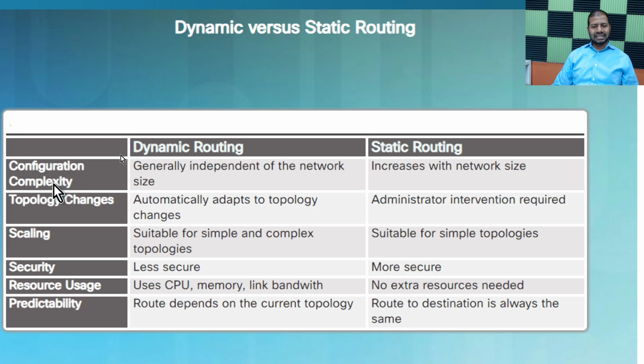Now, look at this. Configuration complexity. For dynamic routing, it is generally independent of the network size. So no matter how complex your network is, say you have hundreds of routers, a huge network, just think how difficult it will be to keep on writing static routes. That will be very difficult. As opposed to when you only have one router with a couple of networks connected to it, it's very easy to write a static route from this router to your ISP's router.